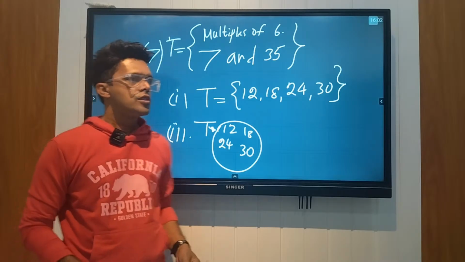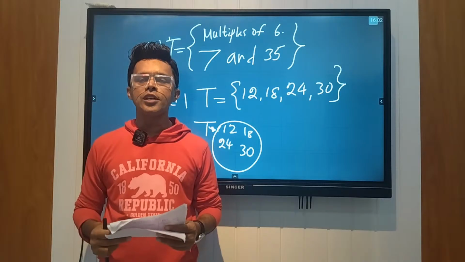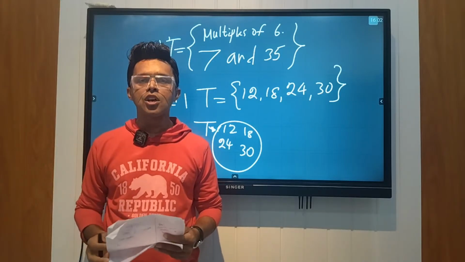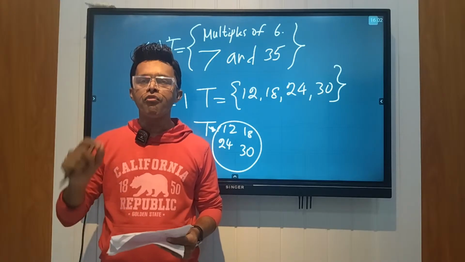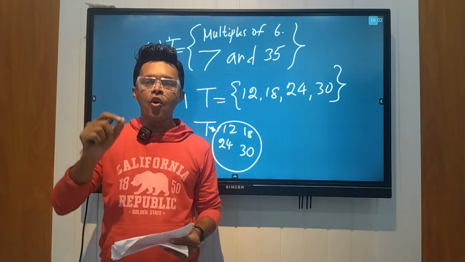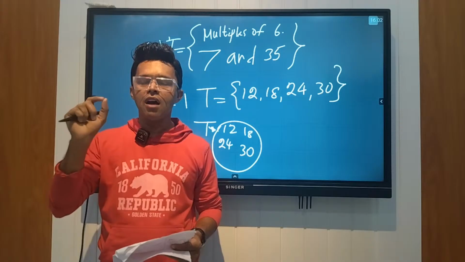Okay. So this is the basic idea of sets that you need to learn in this grade. When you go to higher grades, you will be taught more facts about sets. Anyway, getting this knowledge for this grade is enough.